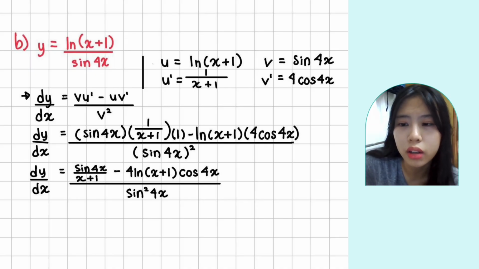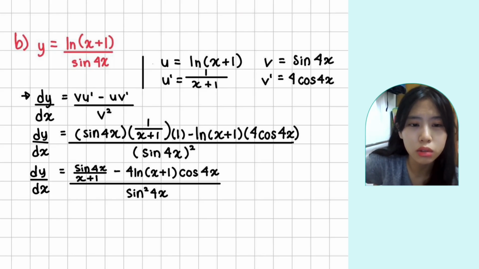Then we apply the quotient rule, where we substitute u, v, u', and v' into the rule dy/dx = (vu' - uv')/v². Then we simplify the expression.